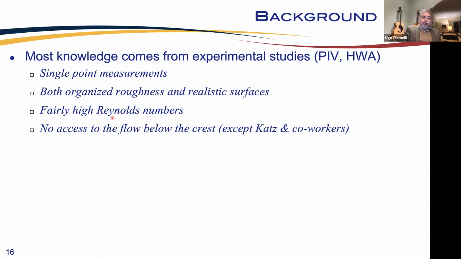The experiments can go to fairly high Reynolds number, but in general, there is no access to the flow below the crest, except for experimental facilities like the ones at Johns Hopkins that have matched the refraction index so that you can shine your laser through the object itself.